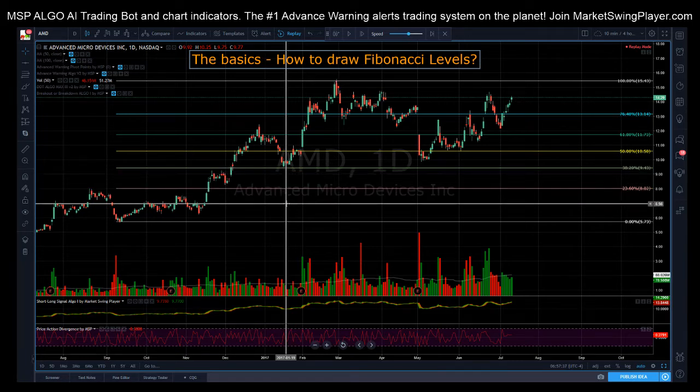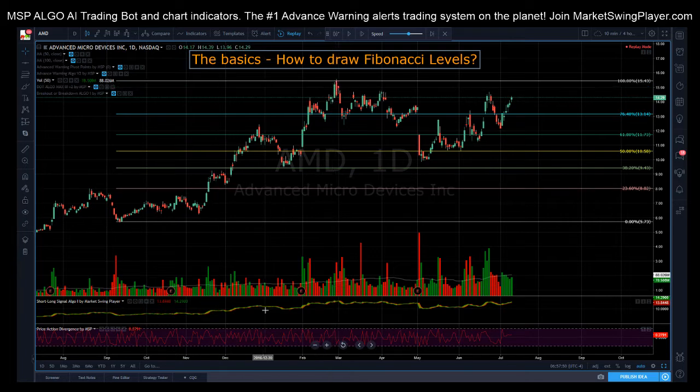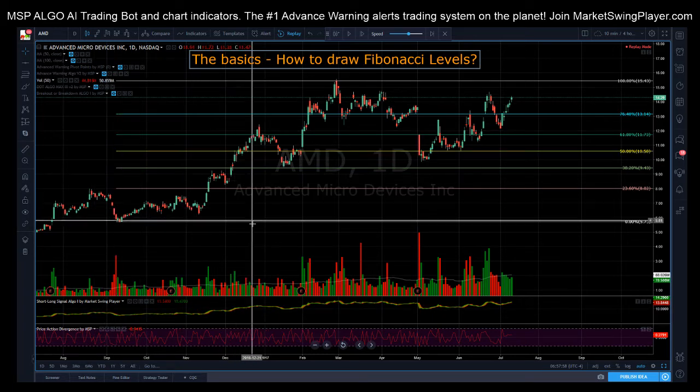Now, it's not important to do the retracement type and this type. You don't need to do all that. All you need to do is find a peak high and a peak low. It takes a second. So this is not rocket scientist stuff here. It's pretty simple.